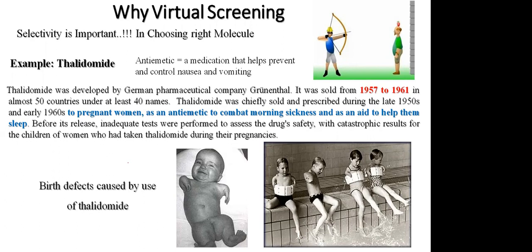They came to know the compound was catastrophic and resulted in children being born with limb defects, based on the studies. Nearly 50 countries sold it as an antiemetic.